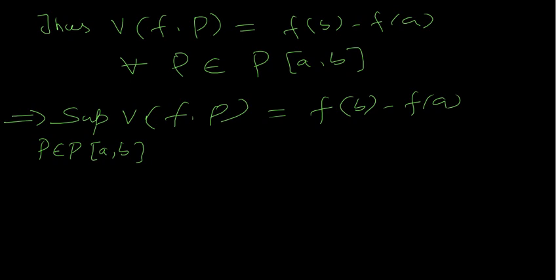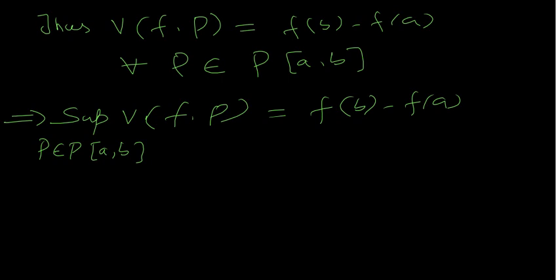It's always the difference of endpoints, and those endpoints will never vary. If you take any partition, you have to choose those endpoints. They will never change. So that's why this variation is independent of the partition. It's actually constant with respect to the partition. So if you choose the supremum of the variation over the partitions, it will be the same, f of b minus f of a.